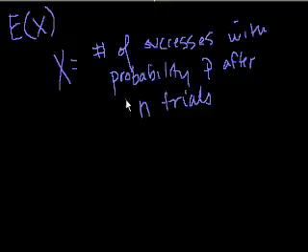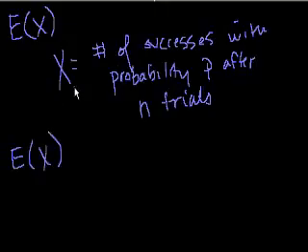So I'm being a little bit general here. I could have said the number of successful heads, which have a probability of 0.5, after 10 flips. That's the same thing as this. I'm just being a little bit more general here. And now we'll actually figure out what the expected value of this is.